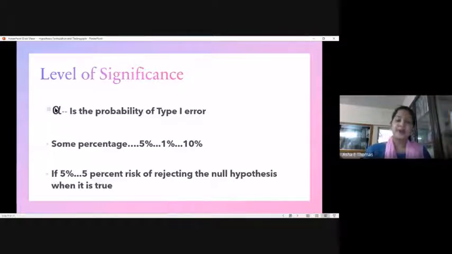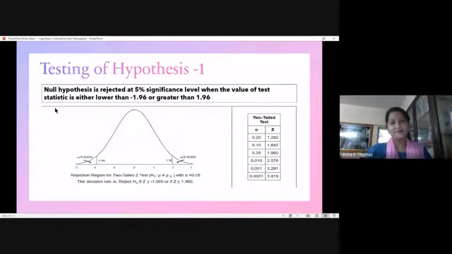Moving further, this is something we really have to understand. When I go with testing of hypothesis, I have different tests based on different conditions, based on the type of distribution. I will have F distribution, T distribution, or maybe Z distribution, which you will learn in detail in your statistics paper.